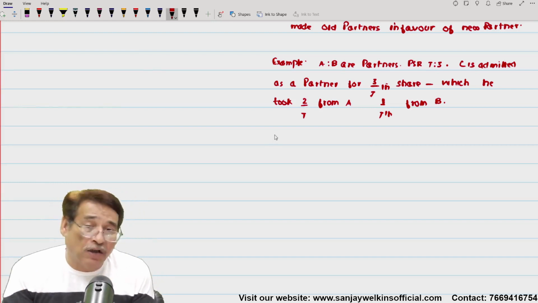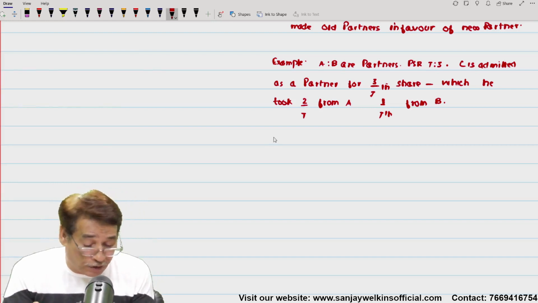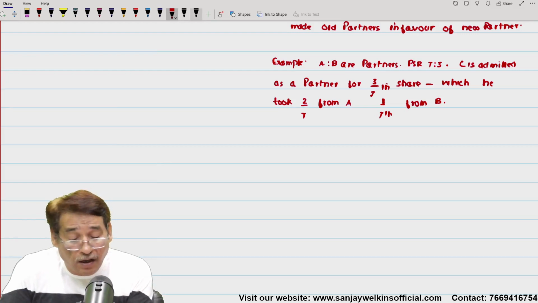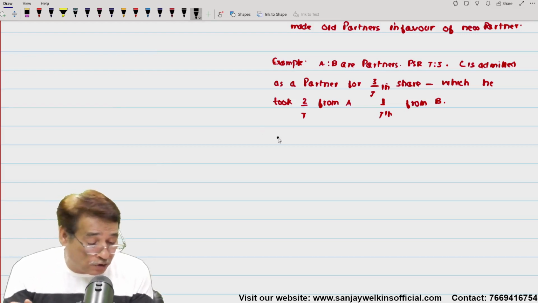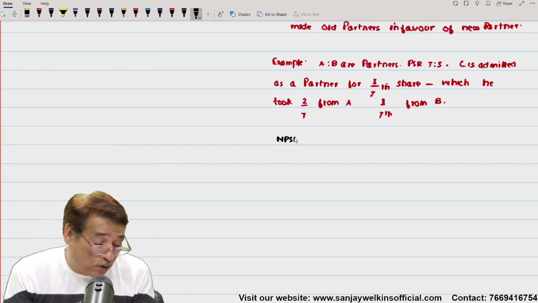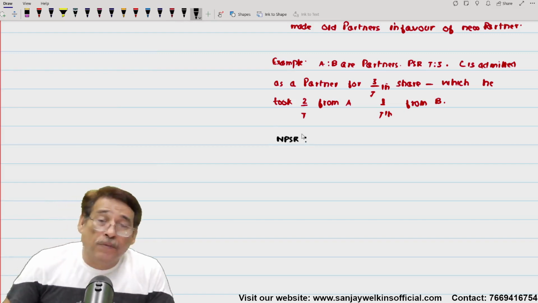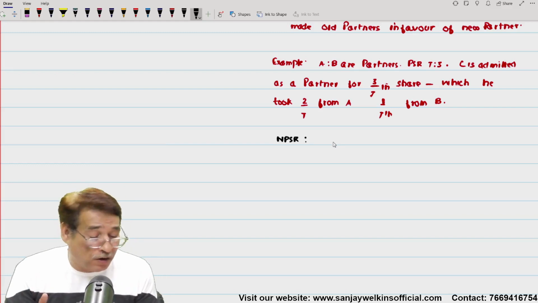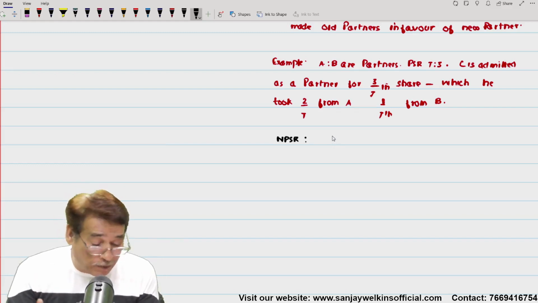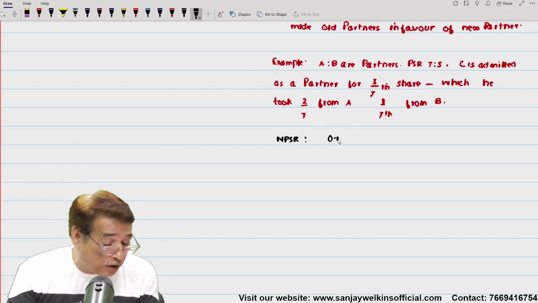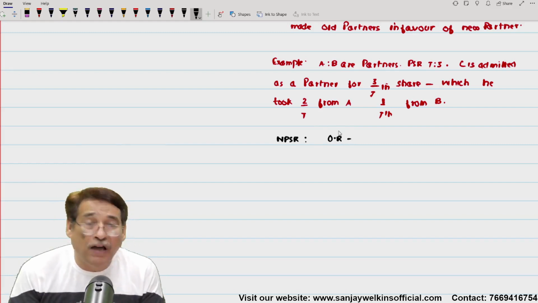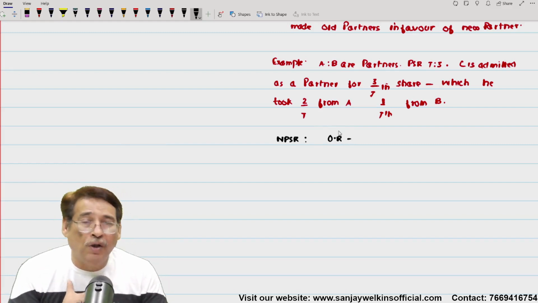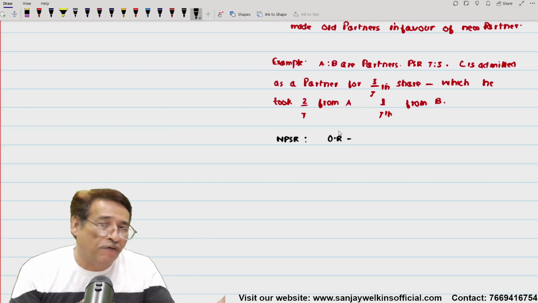So under such circumstances, how to compute the new profit sharing ratio? In order to compute the new profit sharing ratio, no rocket science is needed. You can simply think of the logic. If I want to compute the new profit sharing ratio, I have to think what my old ratio was and how much out of that I have sacrificed.